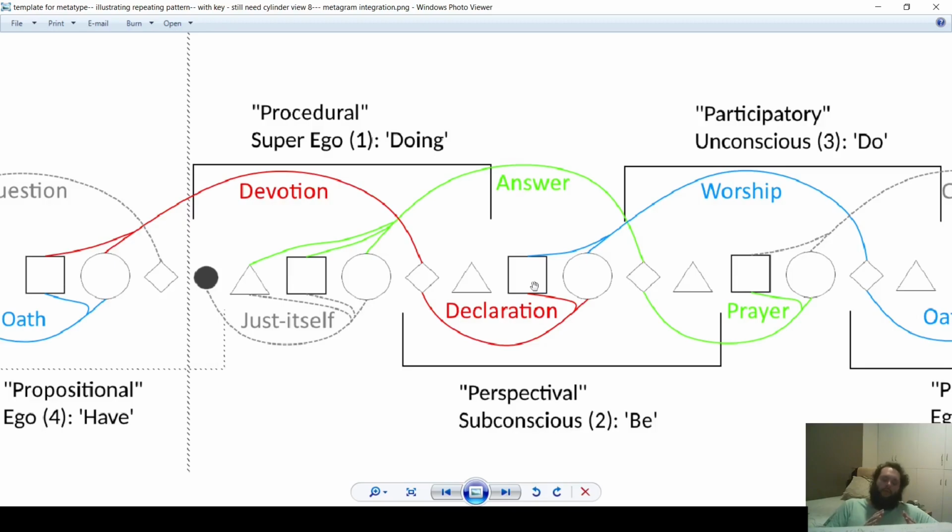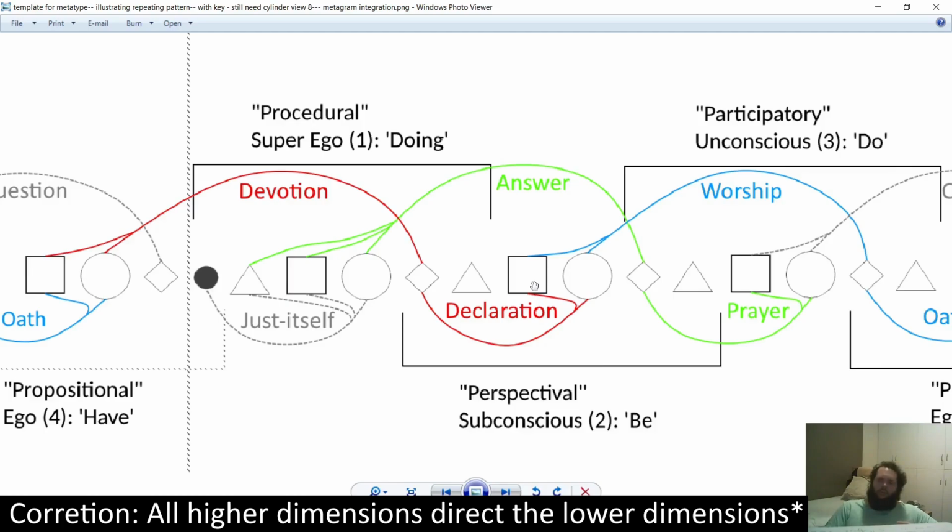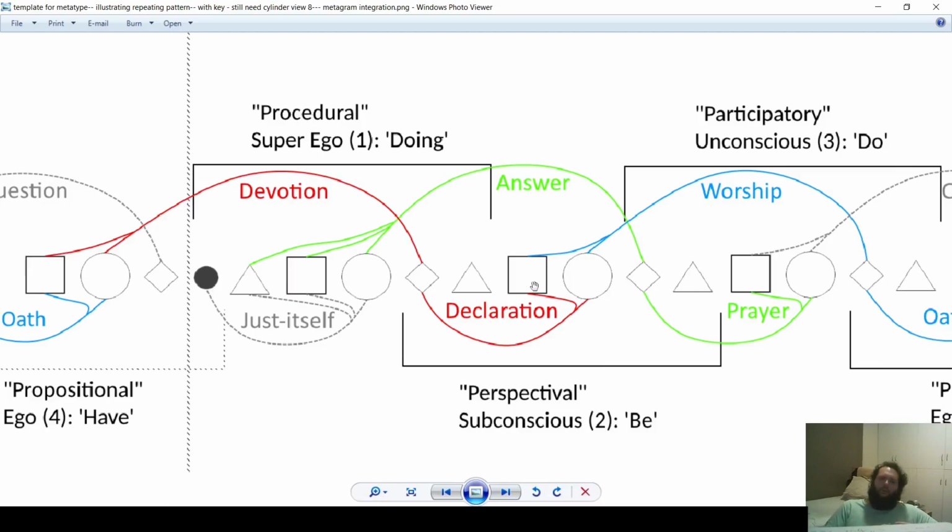So basically the reason why I sometimes show it as a pyramid is because all higher dimensions are directed by lower dimensions. And all lower dimensions support higher dimensions fundamentally. And so in some sense, a higher dimension exists inside of the lower dimension, but has a smaller footprint, because in some sense it's leaving the lower dimension behind. But what it loses in scale, it gains in essentially, I guess you could call it directorship.